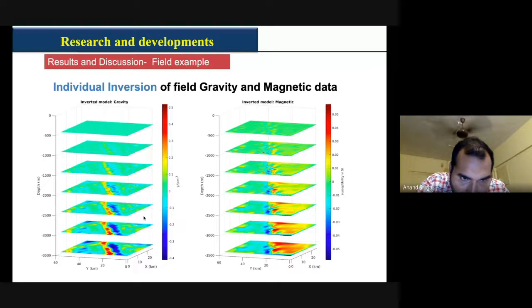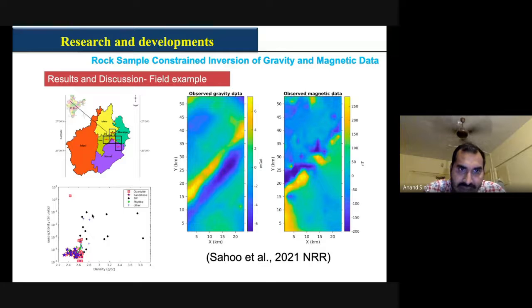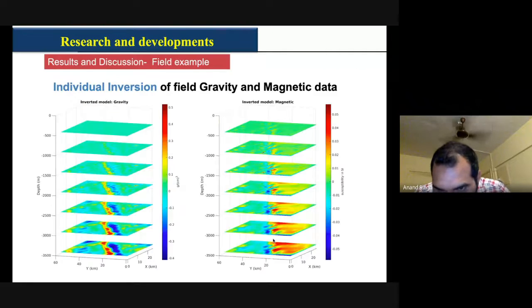You can see that these two are not following the exact pattern. For example, this whole BIF zone you are seeing over here belongs to this particular layer. BIF rock is only this one. But the high susceptibility is also coming in this way.